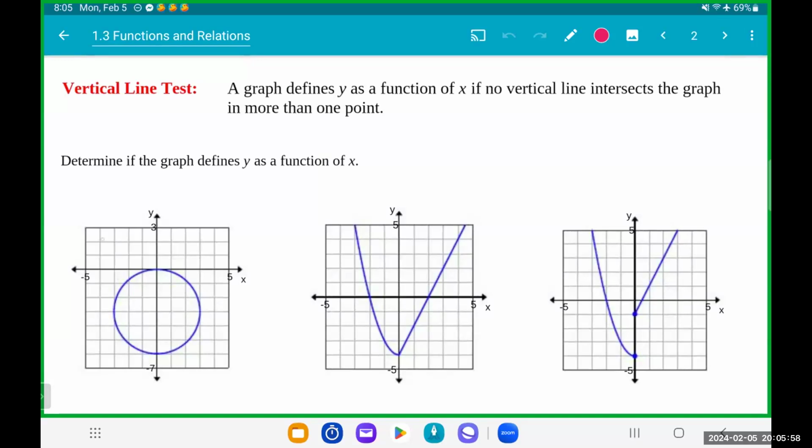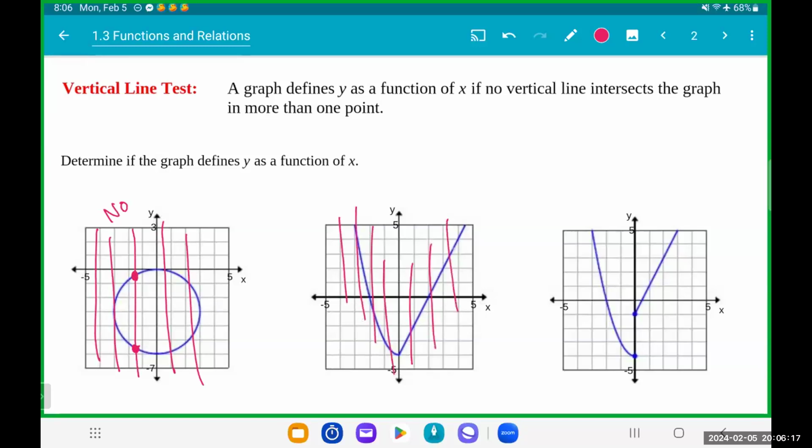So take, for example, I'm going to draw these lines. You can see right here, I cross my graph here and here. This is not a function. On this one, we draw these lines, and I've only crossed once.